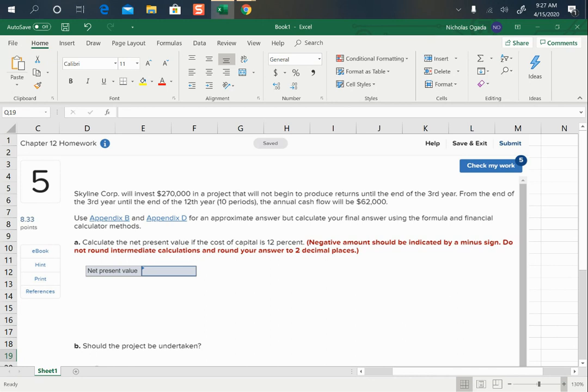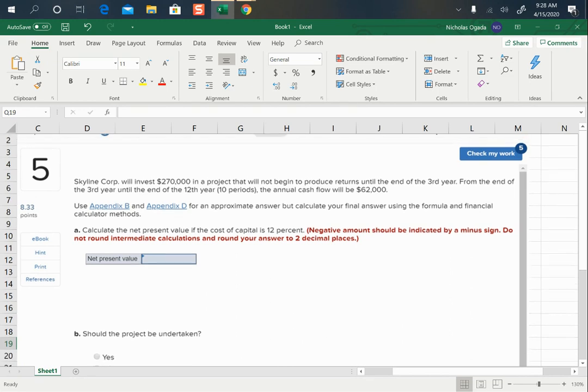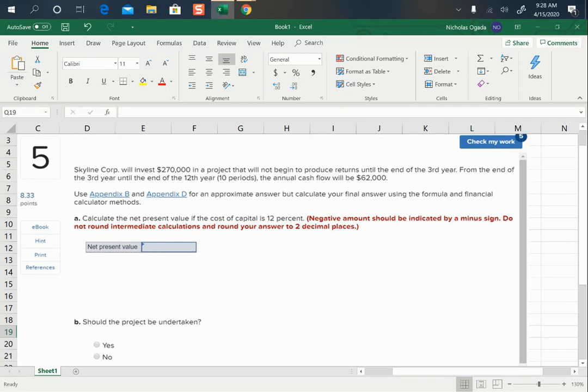So the question is asking us to determine the net present value. Again, this is one of those techniques or tools we use to analyze financial projects, and therefore they help us in selecting whether a firm should go ahead in selecting a project or not based on NPV in this particular case.